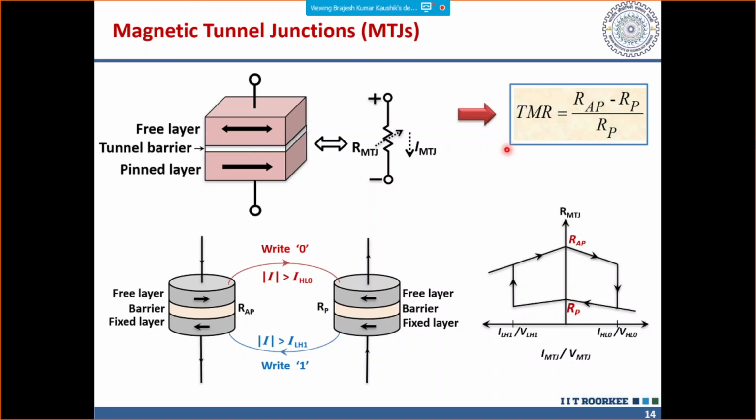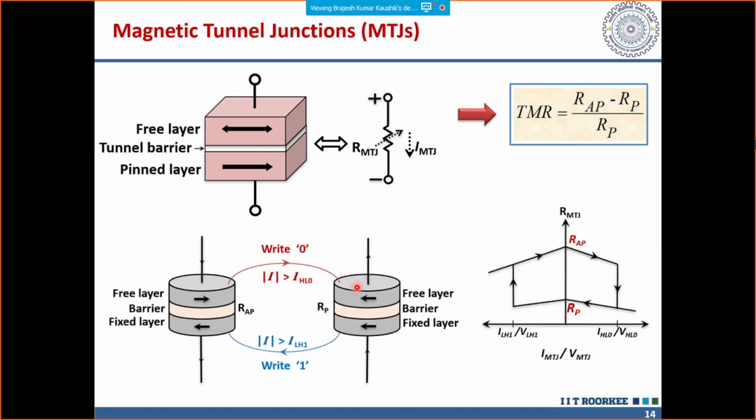Now, if you see how this MTJ operates, you can have the free layer and the fixed layer you can see over here, and similarly over here. What you need to do is write 0 or write 1. So these are the different states of these MTJs while writing 0 or 1 onto it. If you write 0, you need to have a current which is greater than IHL, right?